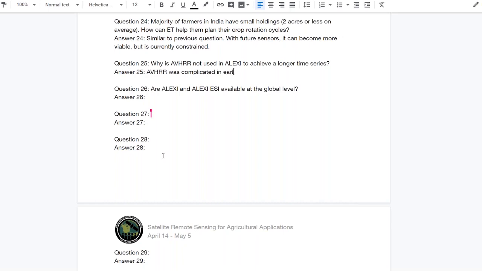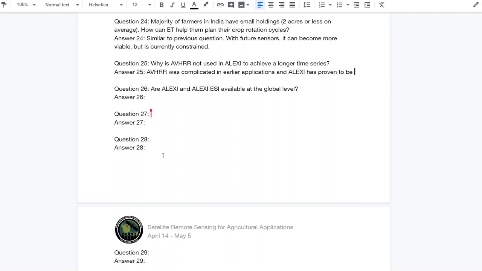That requires a more complicated technique than what we've applied for MODIS or VIIRS. But it's definitely an area we are actively working on. It's not that we don't plan to do it, we're just not there yet.